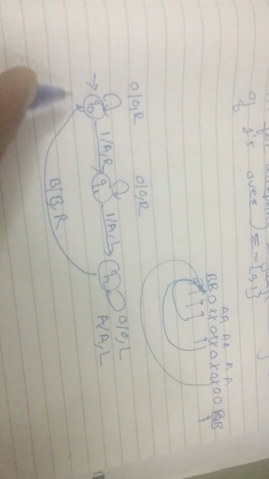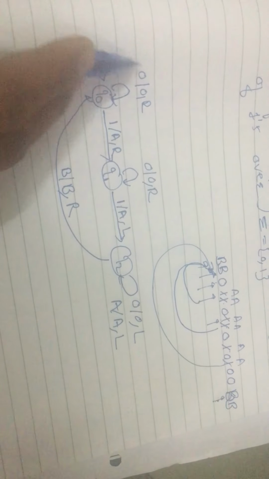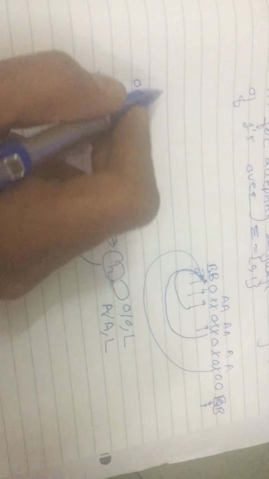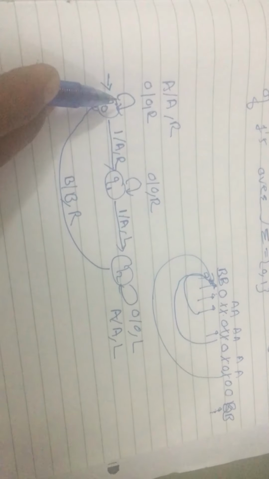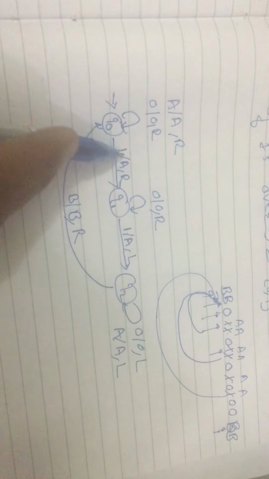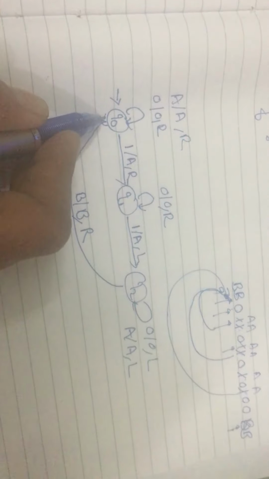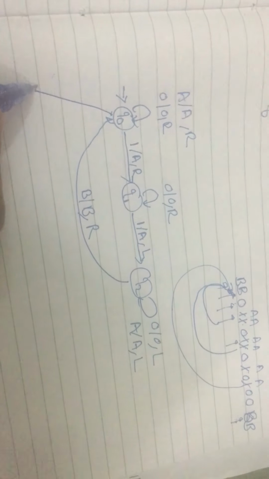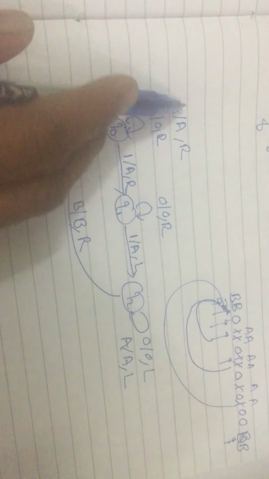After this blank, if it gets 0, it is kept as it is. Maybe A will come; keep it as it is and move towards the right. If it gets a 1, it will continue here. If it doesn't get a 1, it will come back here after keeping all zeros and ones.